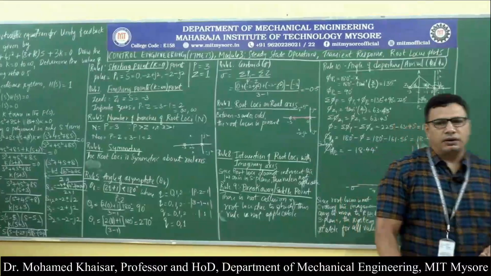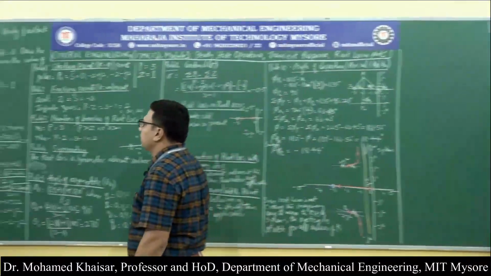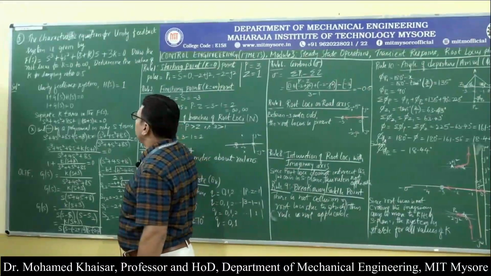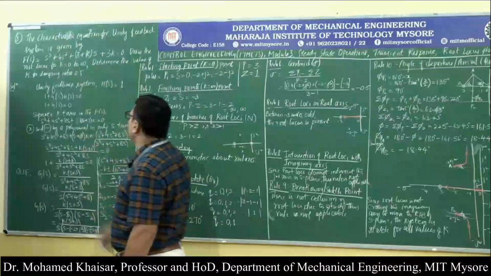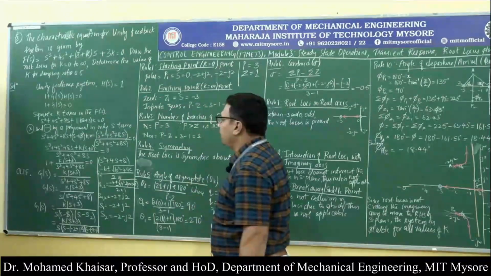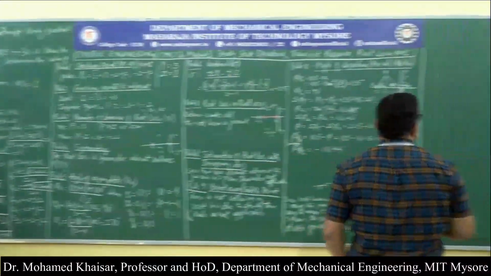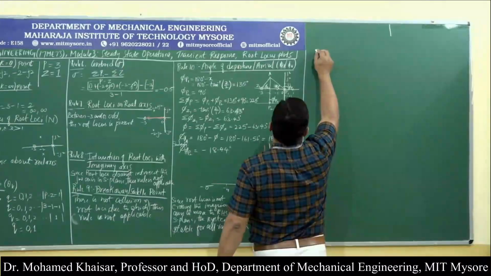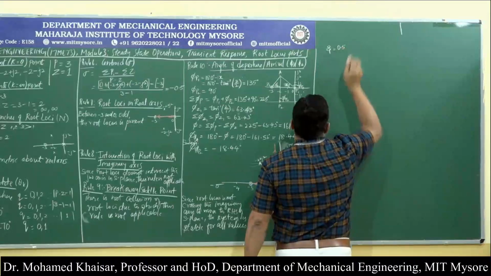Now let us focus on the extended part of the question. With that plot, we have completed the solution till here. Now we need to determine the value of k for a damping ratio of 0.5. What is given to us is damping ratio of 0.5, zeta is equal to 0.5.